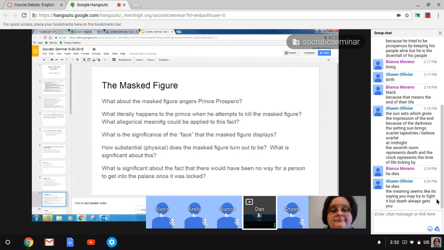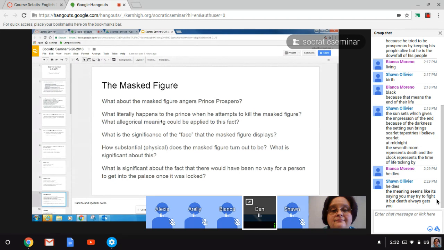Poe either saw this figure as symbolic or he saw it as a kind of phantom, a kind of evil spirit, perhaps, or death itself. Certainly not a human being. And we find out that there's actually nothing physical inside of the clothing the figure wears. And so it's a kind of phantom.